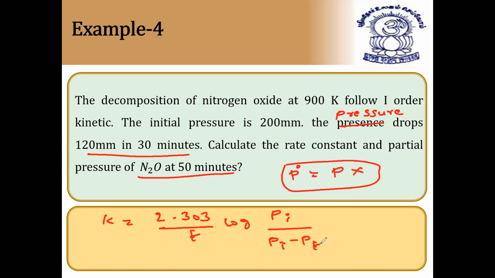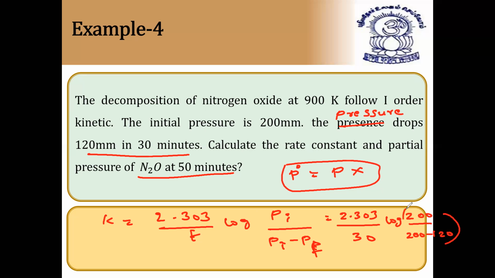So 200 changes to 120. K is equal to 2.303 divided by 30 minutes, into log of initial pressure 200 by 200 minus 120.